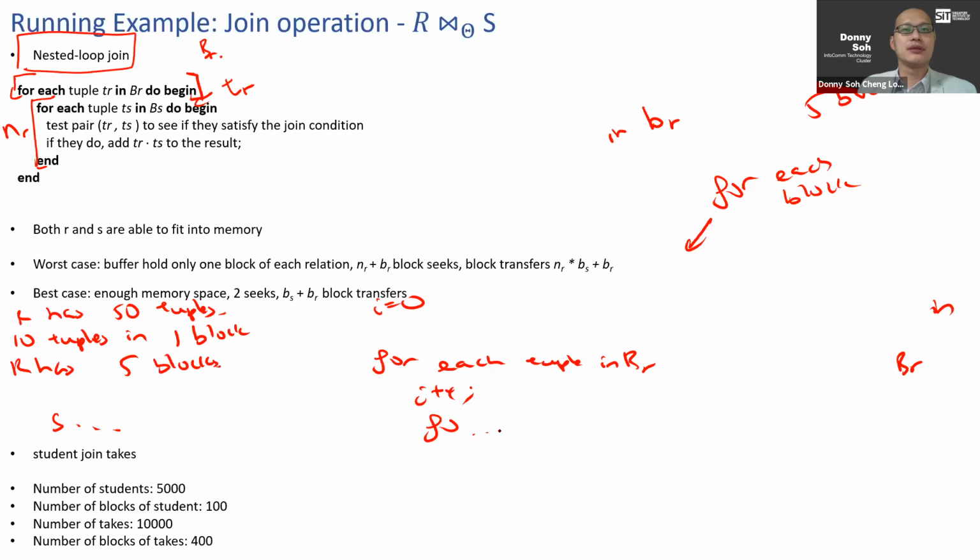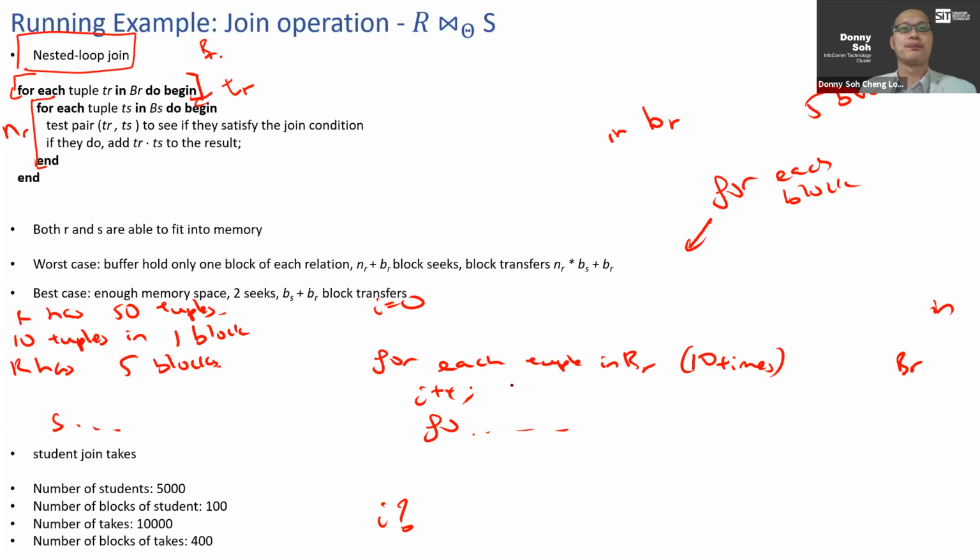This one I don't need to care about. Then I want to find what is my value of I. For each tuple of BR, by right, this will run 10 times. Correct? Because each block has 10 tuples.